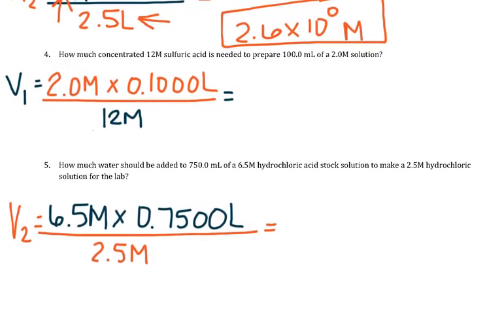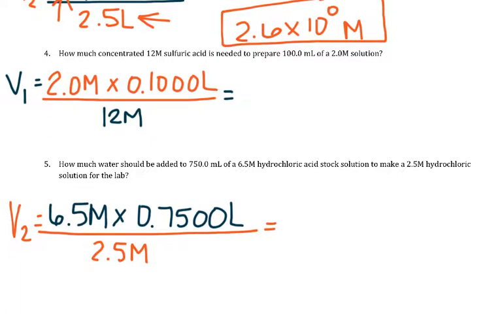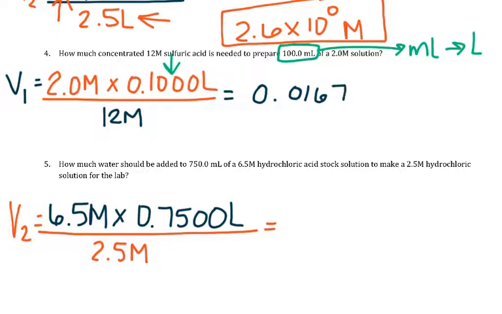On number 4, just do your math, but one thing to make note of if you didn't notice, you're given milliliters, so you're going to have to convert to liters, which is how I got this number. So once you do that math, you should have gotten 0.01667, so on and so forth, liters. According to this number and this number, you're going to need 2 sig figs.